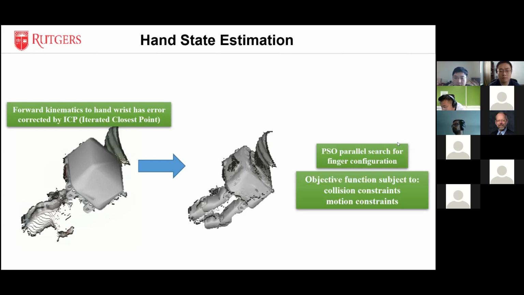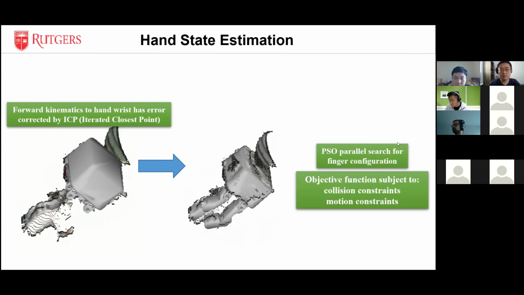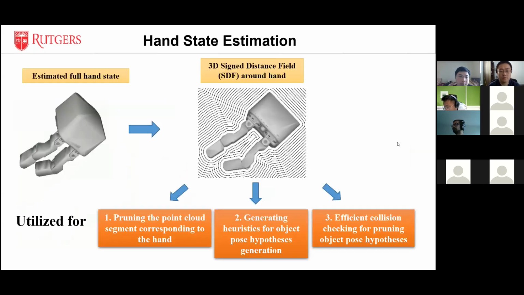Then we deploy particle swarm optimization to search in parallel for the optimal finger configuration. The objective function is defined by the matching score between the hypothesized finger configuration and the observed point cloud. But the hypothesis is subject to two constraints: the collision constraints between the fingers and the motion constraints defined by the URDF. Once we have the hand state estimation, we are able to generate the 3D signed distance field around the hand.